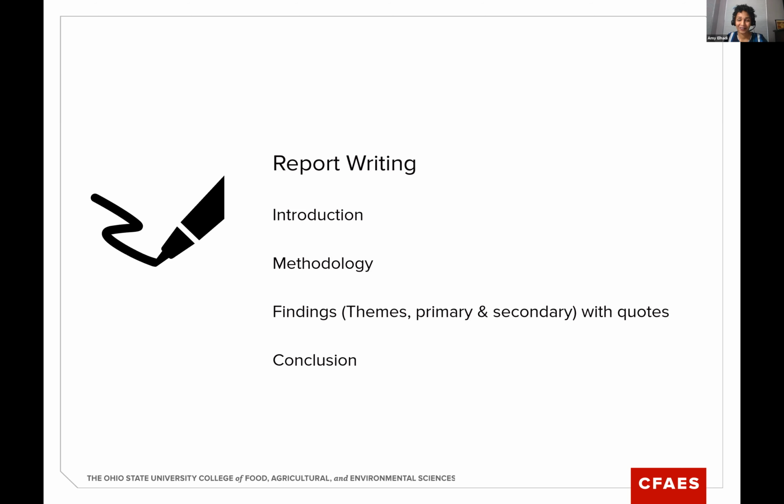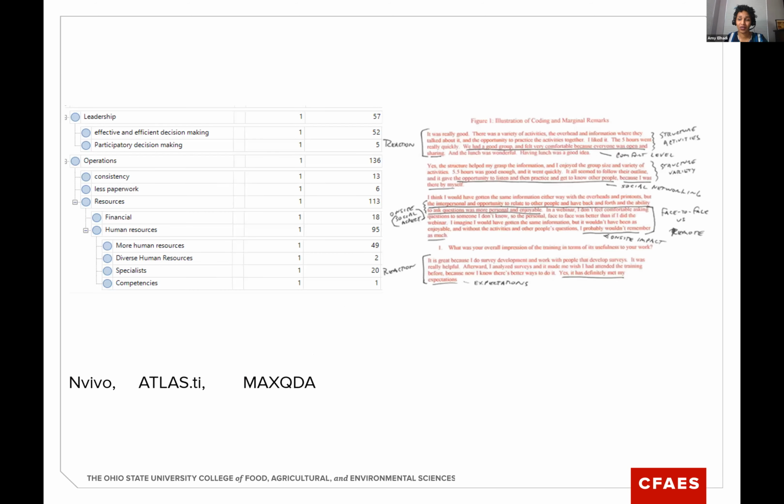All right. So I'm just giving you an example here. Pictures of use are to the left of the screen. On the left of the screen, you see use of software. In this case, I'm using NVivo. And NVivo is the software offered by the university.